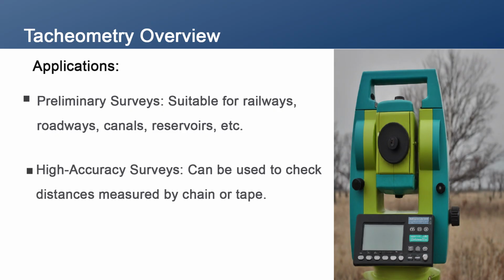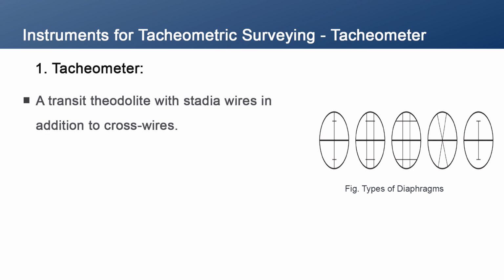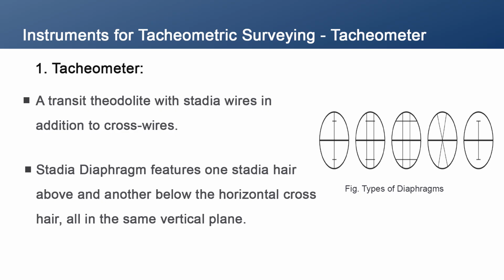Okay, having seen the application, now let us talk about the instruments used in the tacheometric survey. First, let us see the tacheometer itself. A tacheometer is a transit theodolite equipped with stadia wires in addition to the usual cross wires. The stadia diaphragm consists of one stadia hair above and the other at equal distance below the horizontal crosshair, all in the same vertical plane as the horizontal and the vertical crosshair.